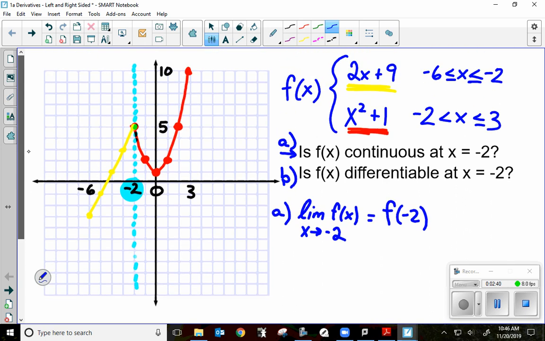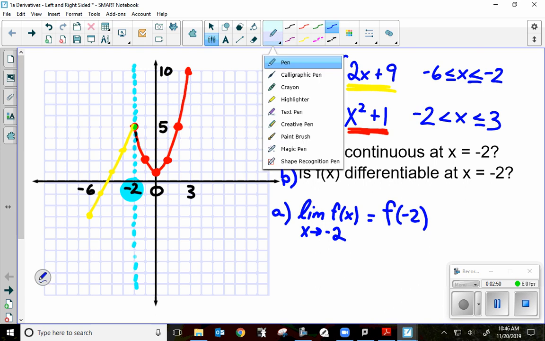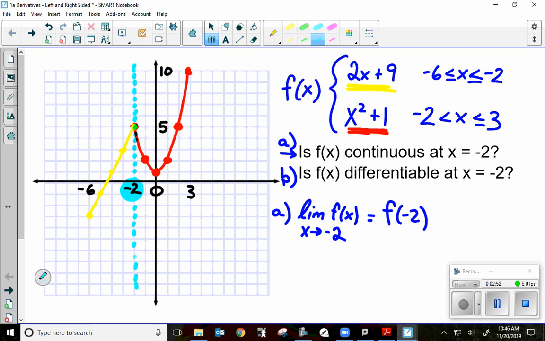This is very easy when it's done visually, okay? As I approach -2 from my left side and my right side, it should be the same value to have a limit overall. Let me say that one more time. As I approach, we'll use green, from my left side, -2, and I approach it from my right side, it should approach the same y value, and it is 5, okay?